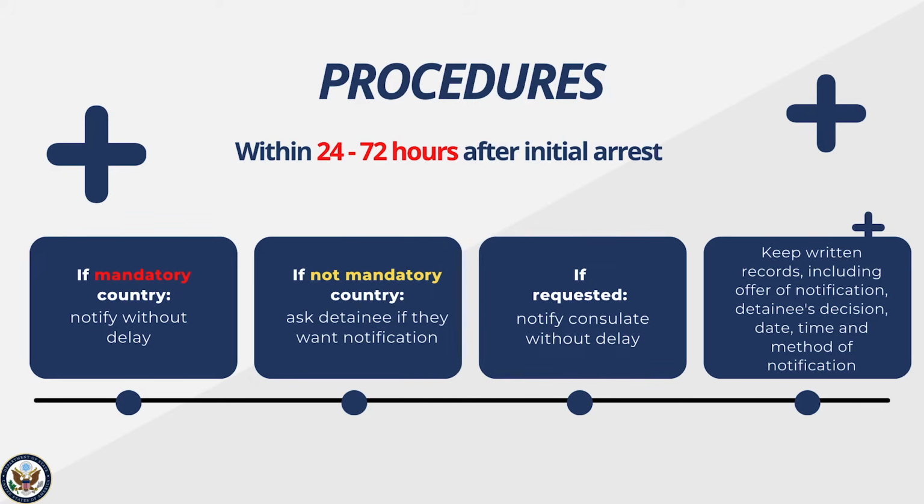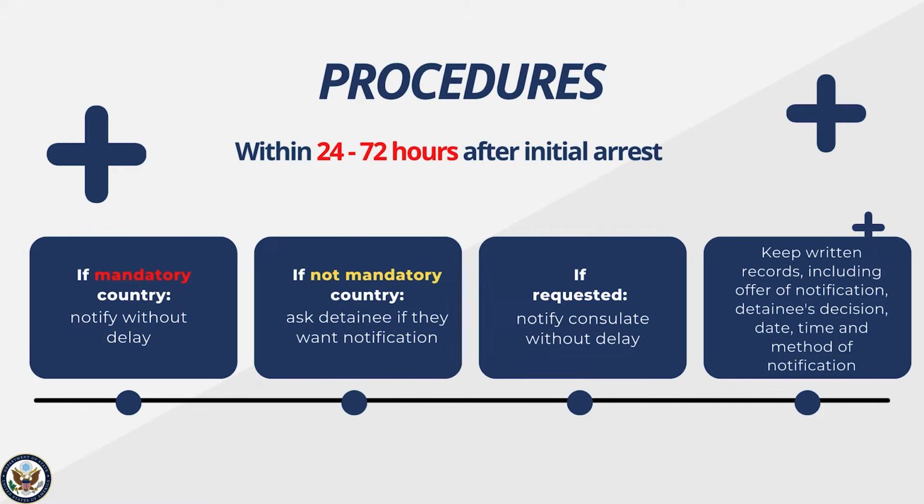Keeping good records is critical. In the event the detainee's attorney, or foreign government later claims that no offer to make consular notification was made, or that notification never happened, your records will provide proof.